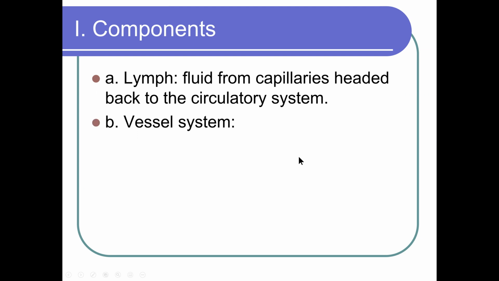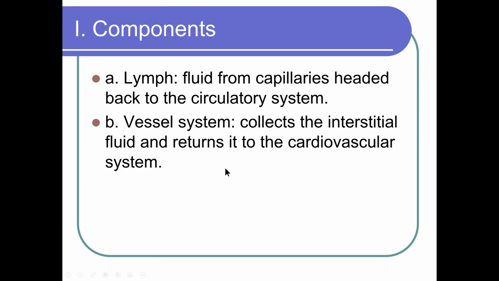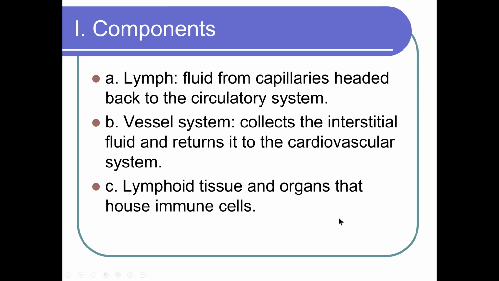We also have a system of vessels. They're not as well defined, especially in the periphery. As they get towards the major trunks, you can see them, especially if they have a large fatty content in them, because otherwise they're fairly clear vessels. They collect the interstitial fluid and return it to the cardiovascular system, and there is lymphoid tissue and organs that house the immune system.